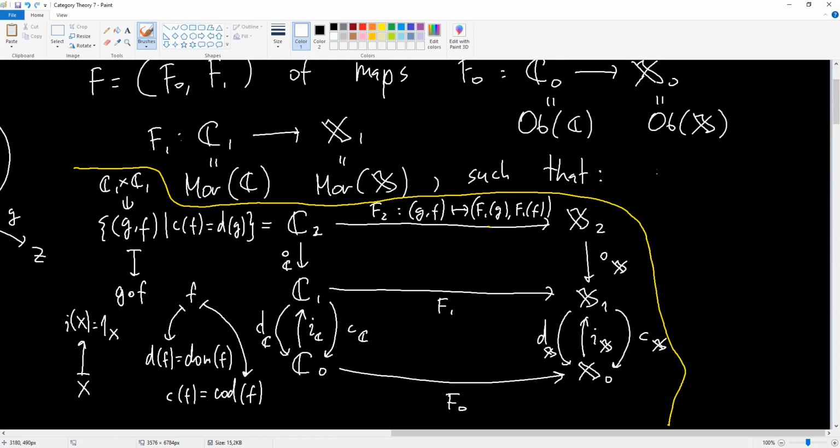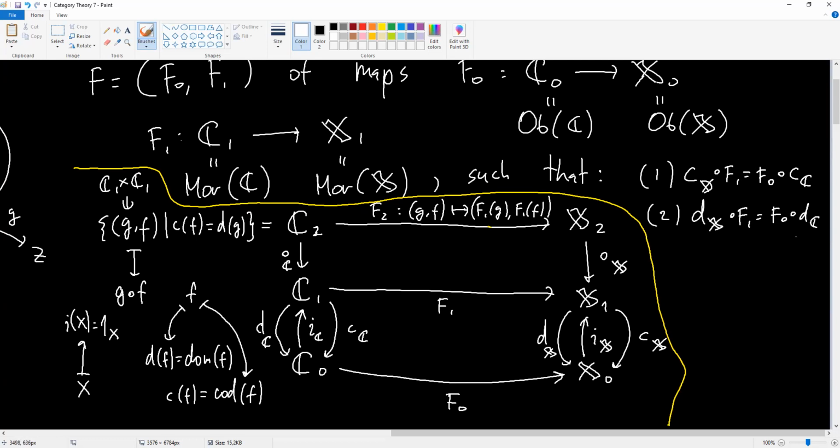Such that, firstly, the codomain map of X composed with F1 equals F0 composed with the codomain map of C. Secondly, the domain map composed with F1 equals F0 composed with the domain map.